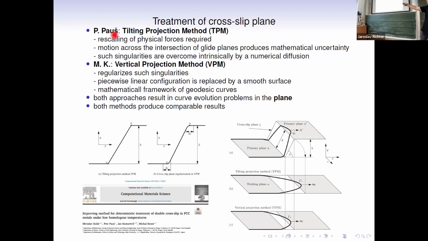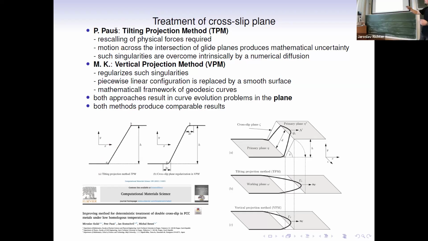With Petr, my colleague, we were working on a kind of naive method, which is based on the tilting of the primary plane to the cross slip plane. So you can look in here. It is like a side view. So the thick black line is the original primary plane, and then it is just tilted and then tilted again.